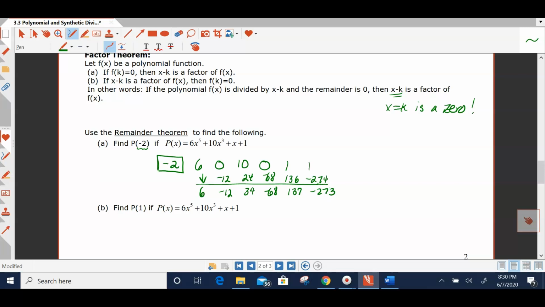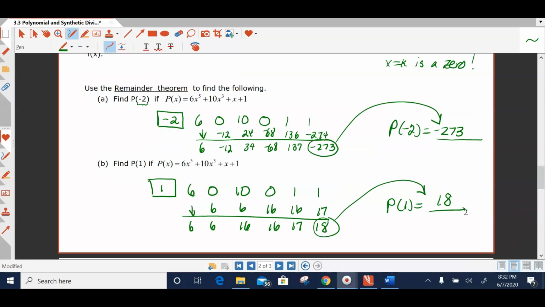So we've done synthetic division, but over here the answer blank says P of negative 2 is equal to what? What are you going to put in that blank? 6, negative 12, negative 2? What does the remainder theorem say? The remainder theorem says that the remainder is your function value. So all I need to record is the remainder because that's my function value.